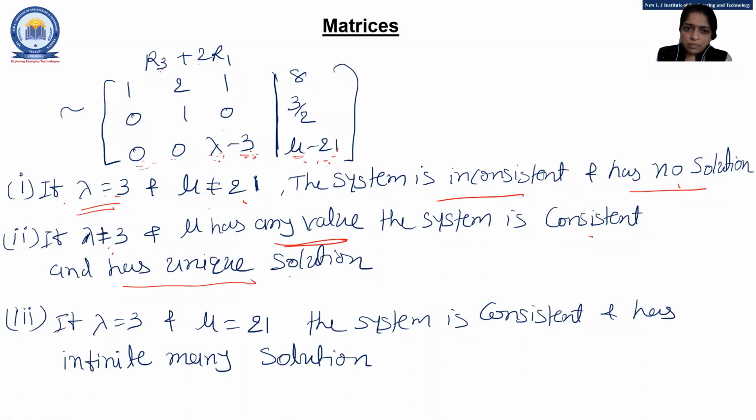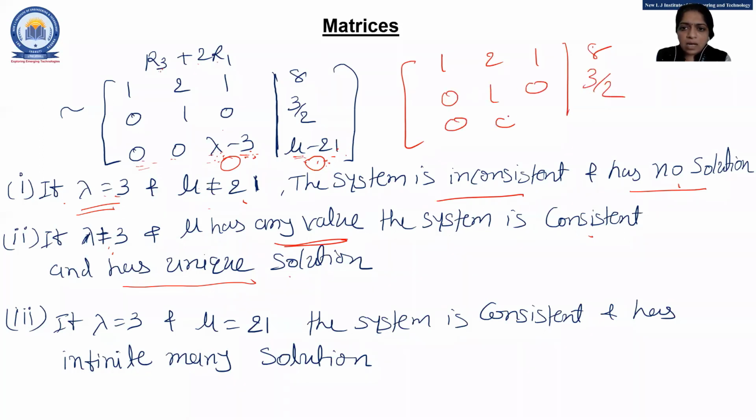If lambda equals 3, this converts to zero form. If mu equals 21, this also converts to zero form. It means your matrix becomes 1, 2, 1, 8; 0, 1, 0, 3 by 2; and the last row is 0 on both sides.